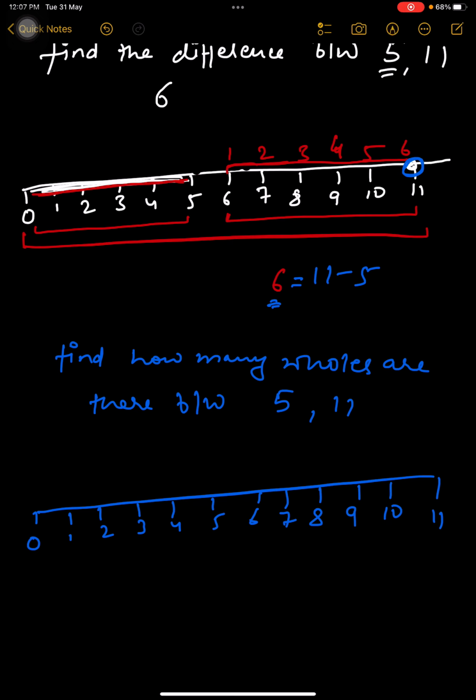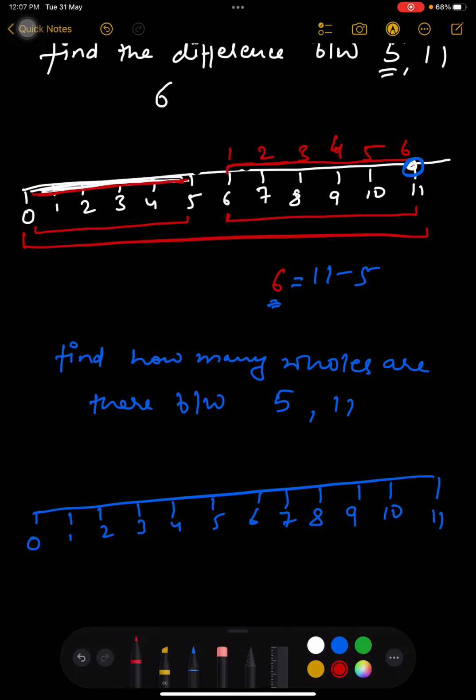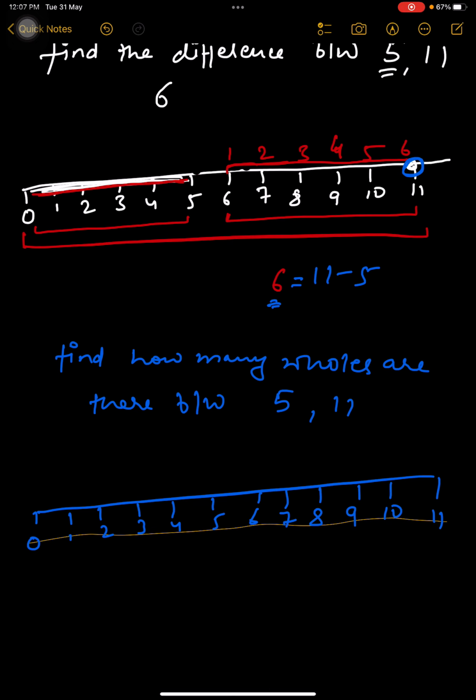You need to find the whole numbers between 5 and 11. It means you don't need to count 5 as well as 11. You need to count only those numbers which lie exactly between 5 and 11, and those are 6, 7, 8, 9 and 10.